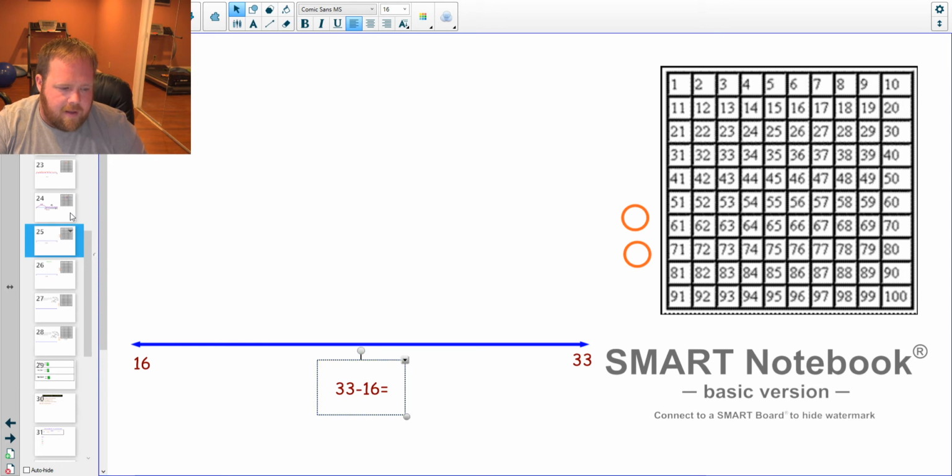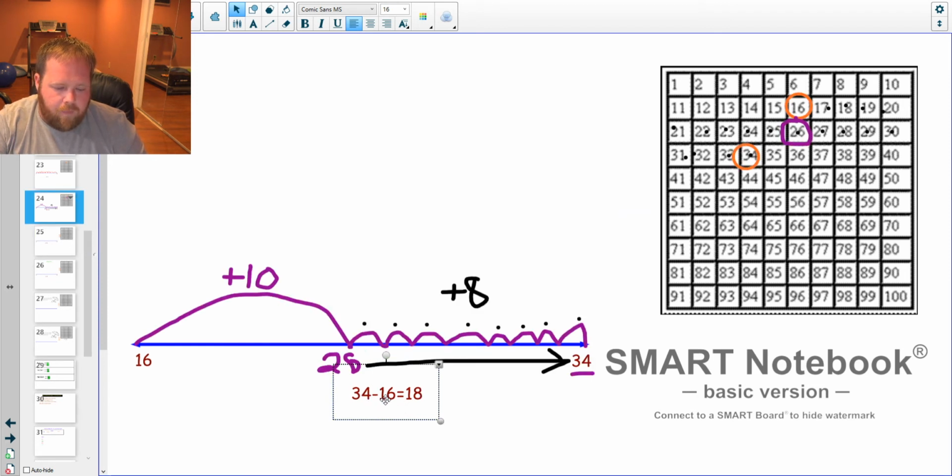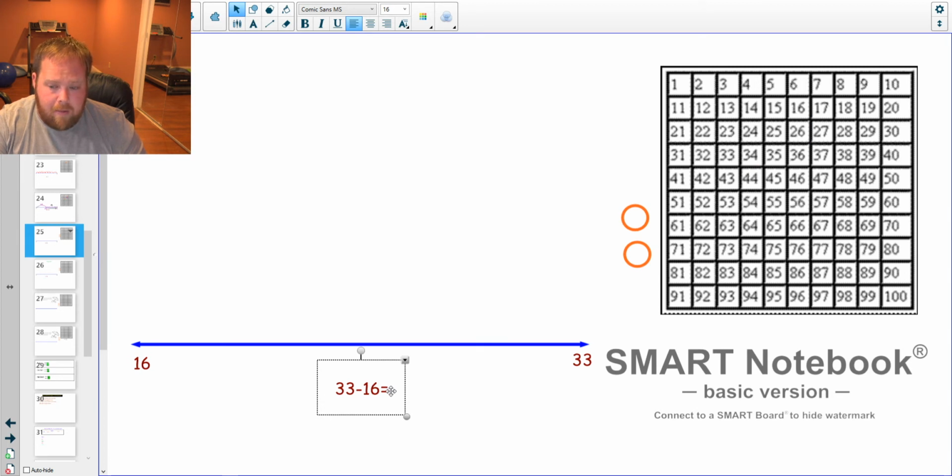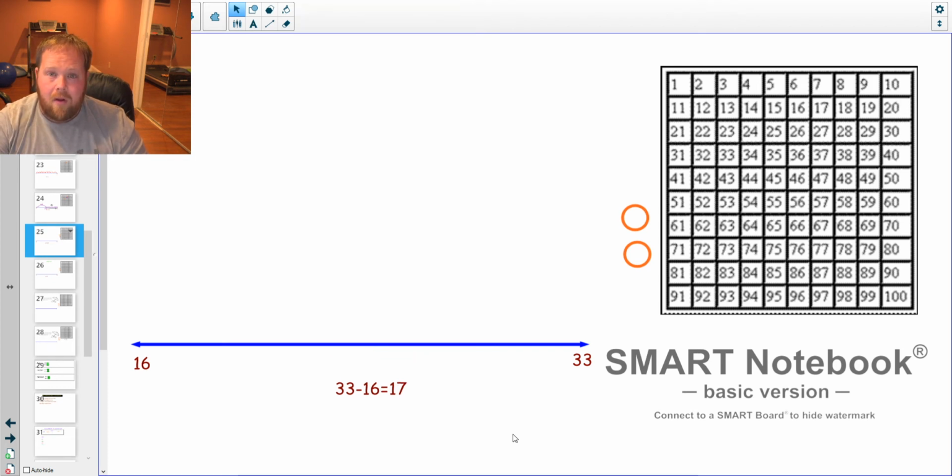So what is our answer? 34 minus 16 was 18. So 33 minus 16 is 1 less than 18, or 17. So when you are taking a test or anything like that, use your other answers, use your other problems to help you out.